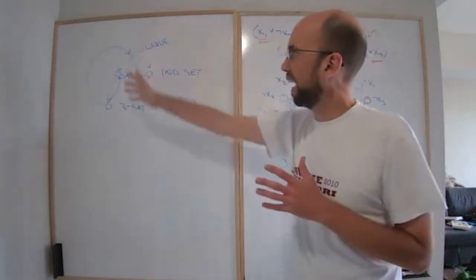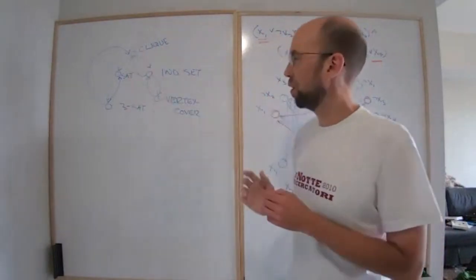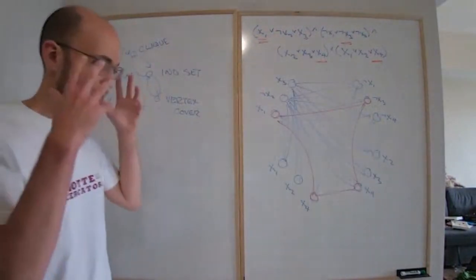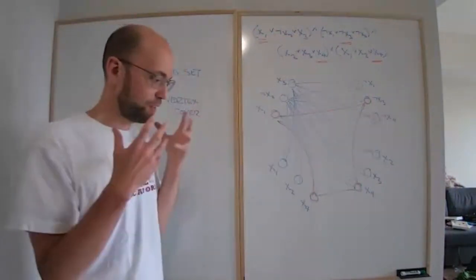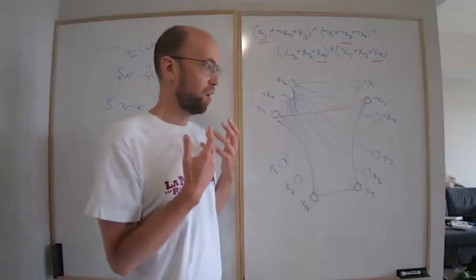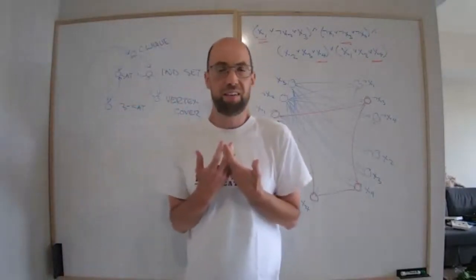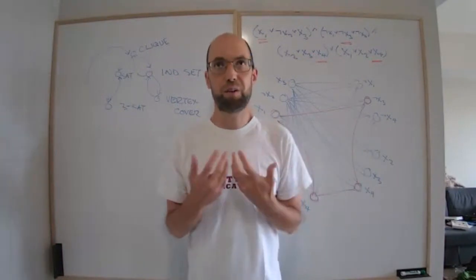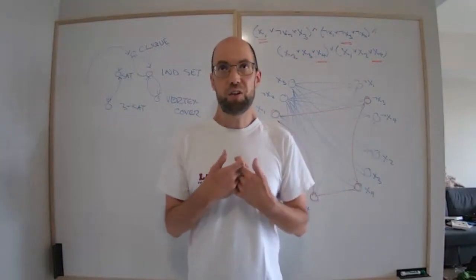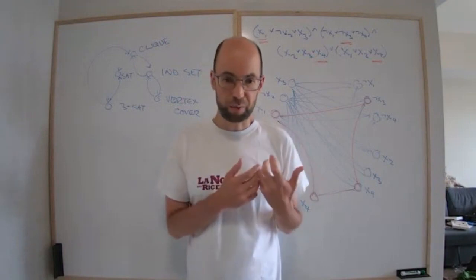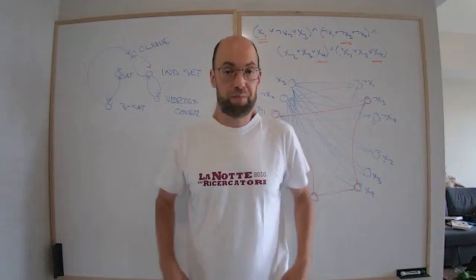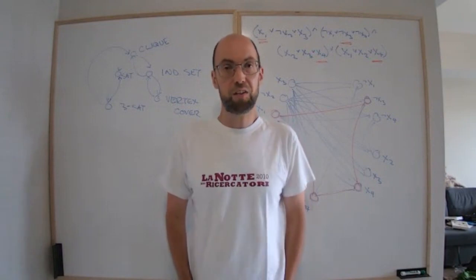In this class, so far all we've said is that SAT is sort of obviously complete for the class. If you could solve SAT, then you could solve lots of other problems for which you can write a SAT formula. They're not impossible. You can definitely do them.